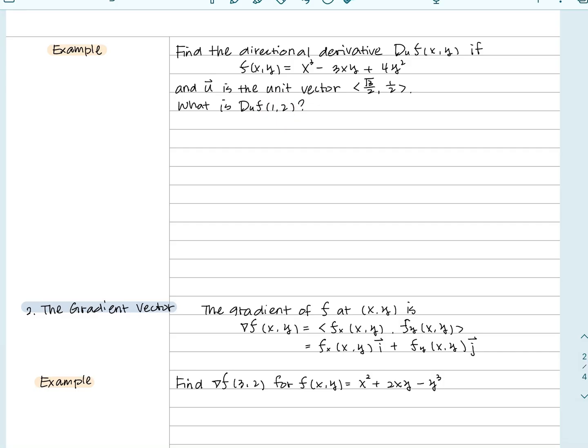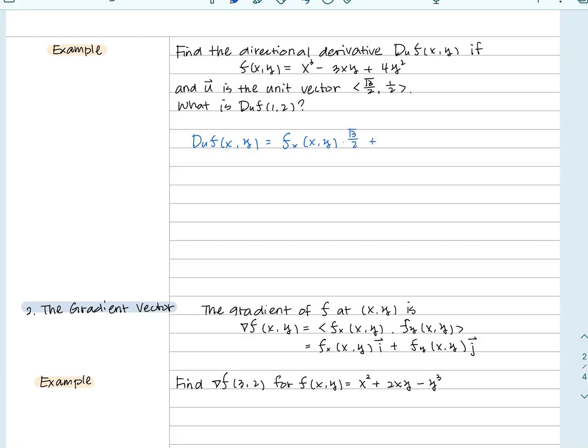All right, so let's see. Using the formula, we can get D_u f at any point, defined as f_x times u1. u1 is square root of 3 over 2.